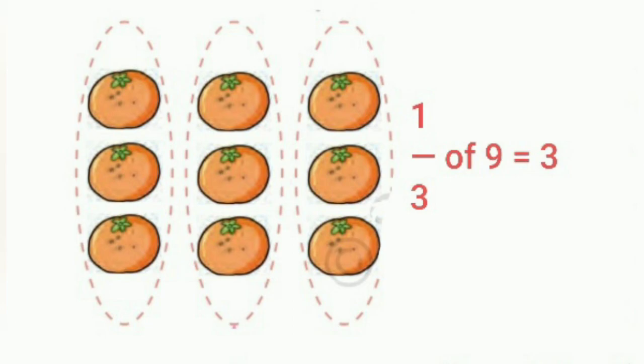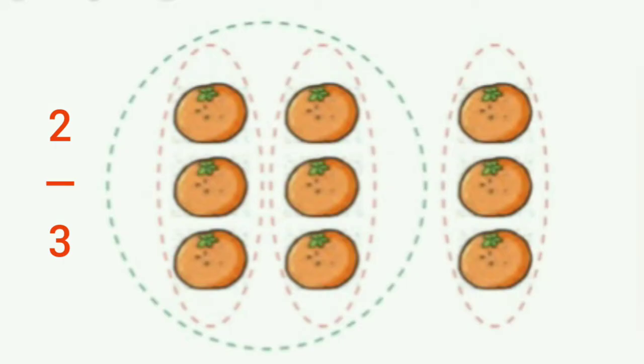If Mrs. Sharma gave 2/3 of the oranges, then we need to count the oranges in 2 groups. 2 groups contain 6 oranges.